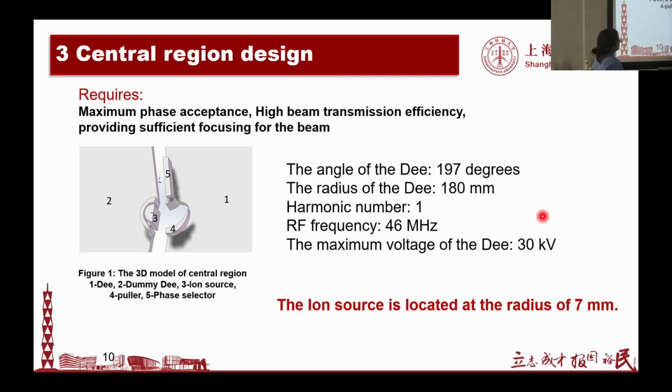The maximum voltage of the dee is 30 kV. The ion source is located at a radius of 7 millimeter. The beam will be emitted from here and undergo circular motion driven by the electromagnetic fields.